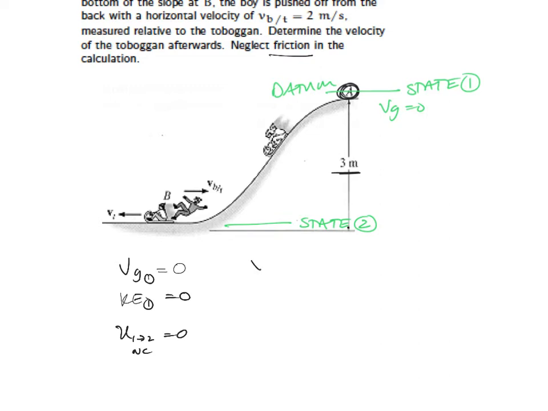And then we end up at the bottom, Vg2 would be minus mg times 3 meters. And what we have at the bottom is all kinetic energy, 1/2 m v squared. So that would be the velocity of the toboggan down at the bottom of the hill.